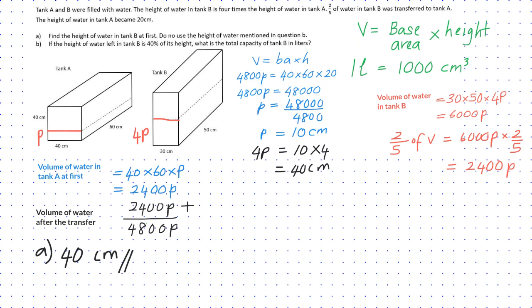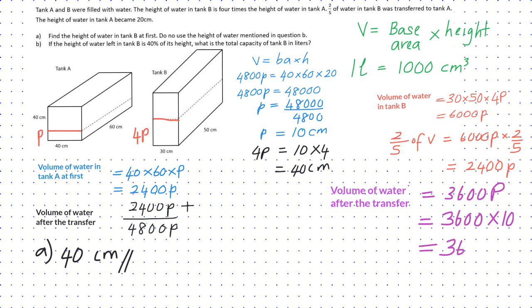So the volume of water left in tank B is 6000 P minus 2400 P, which is 3600 P. The value of P is equal to 10 centimeters. Therefore, 3600 P would be 3600 into 10, which is 36,000 cubic centimeters.